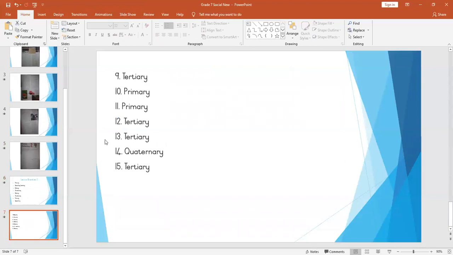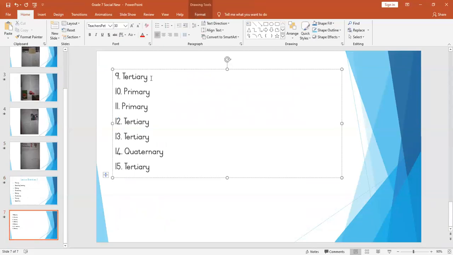Number 9, a nurse would be a tertiary economic activity because she's providing a service. Number 10, the nomads, the people who lived a very long time ago, primary economic activity. Number 11, anything that's got to do with mining is a primary economic activity. So the coal miner would be a primary economic activity. Number 12, a painter providing a service would be a tertiary economic activity.